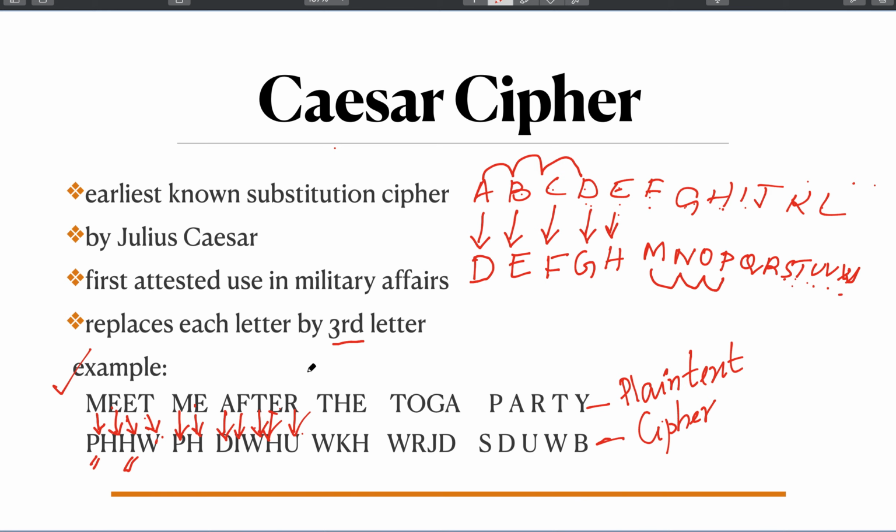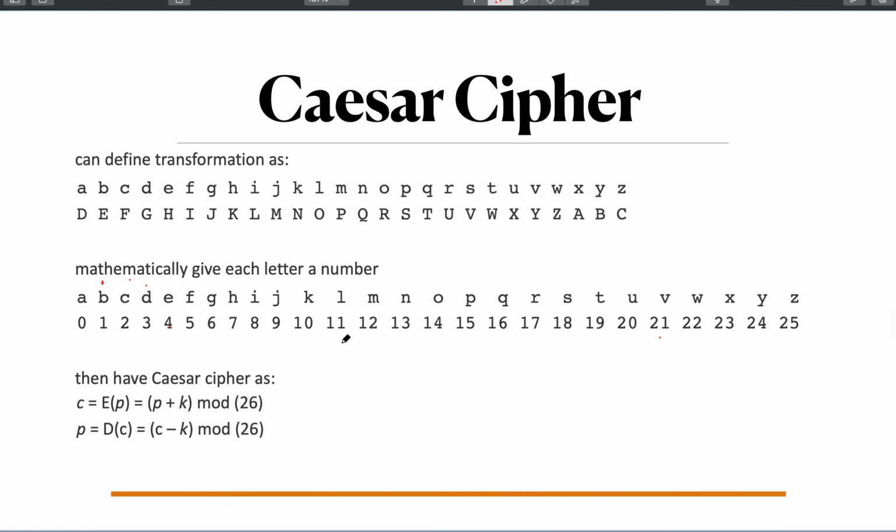So likewise, this is the basic concept behind how you can convert a plain text into ciphertext based upon the Caesar cipher. Replacing each letter by the third letter, that is the concept. Now this is the same alphabets being arranged here according to the Caesar cipher.